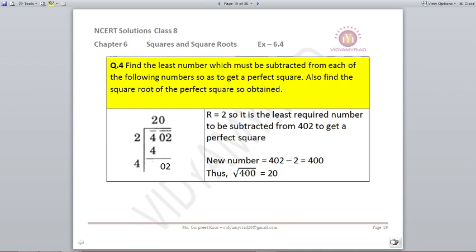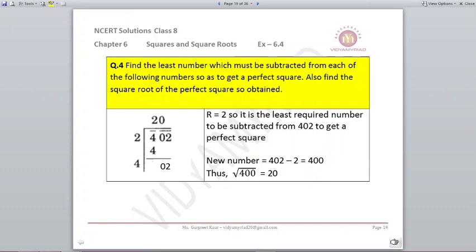Question number 4. Find the least number which must be subtracted from each of the following numbers so as to get a perfect square. Also find the square root of the perfect square so obtained. The number given to us is 402. So we have a pair of 02 and 4. This will go on 2 into 2 is 4 and 2 plus 2 is 4. Remainder is 2.